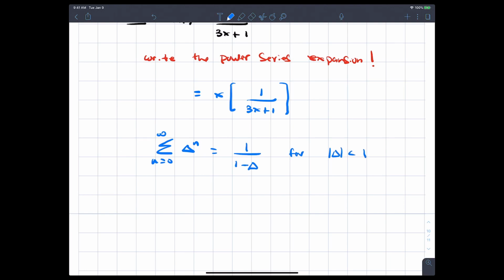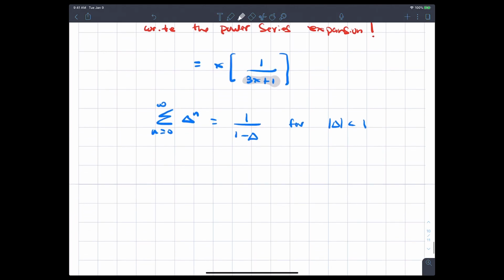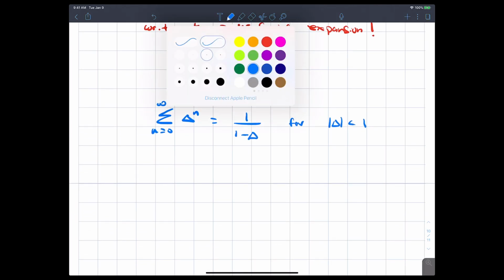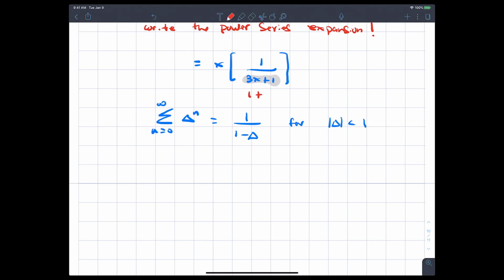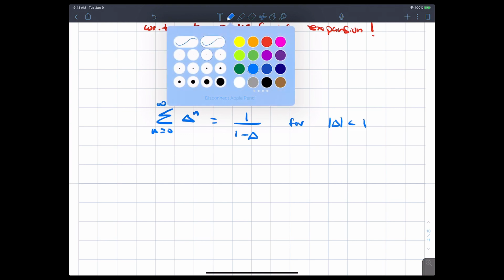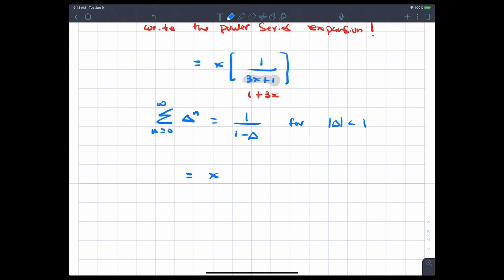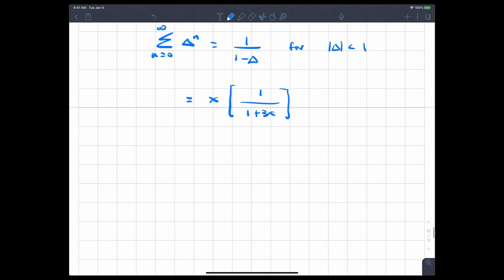This is what you're going to use. So the idea now is to use algebra down here, that this can be written as 1 plus 3x. So if we have x here, and 1 over 1 plus 3x, you want to write this portion as 1 minus a minus 3x. And there it is. You're going to use this for your triangle.